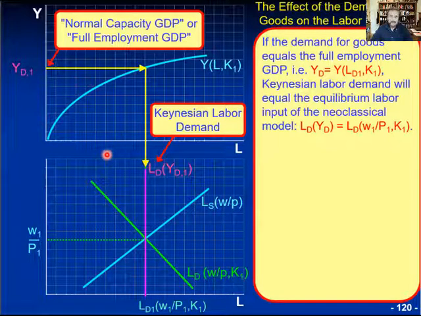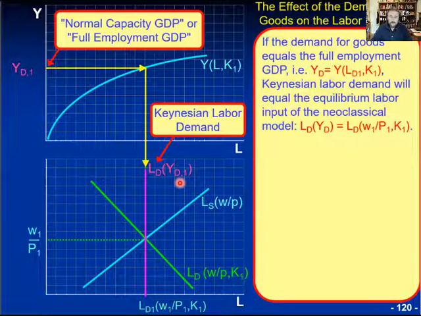Consequently, the Keynesian labor demand curve, this vertical line here, depends not on the equilibrium wage rate, but on the level of the demand for goods. Therefore, we now write the demand for goods as the basic argument in this bracket of the labor demand function.